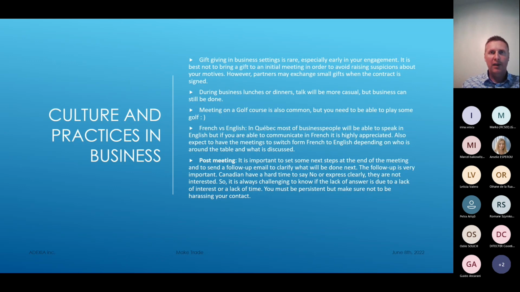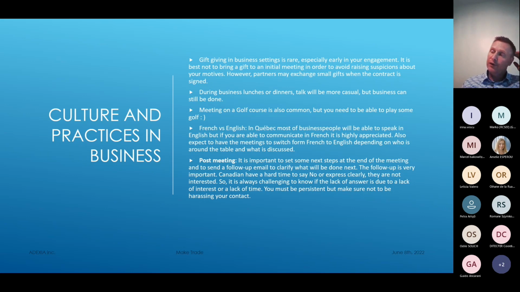If you're in Quebec, make sure that you have a little bit of documentation, a few words that you can use in French. And for the French-speaking European, same. When you go to Ontario, on the other hand, or to BC, don't expect to have anybody able to speak in French with you. You will have to be ready to have the meeting 100% in English.